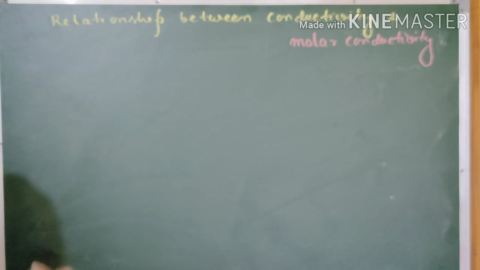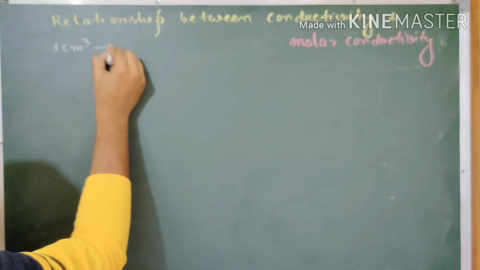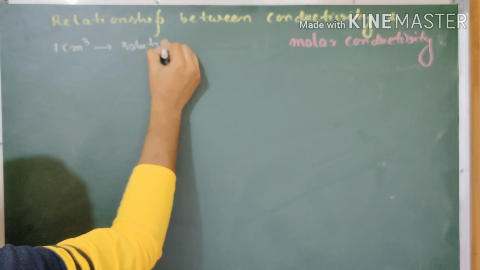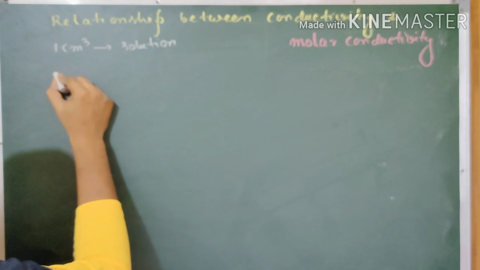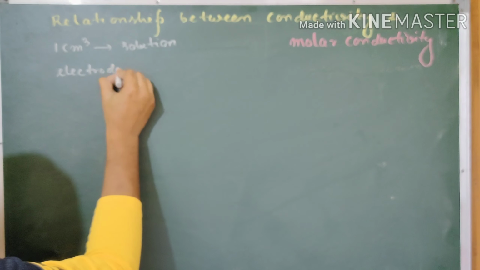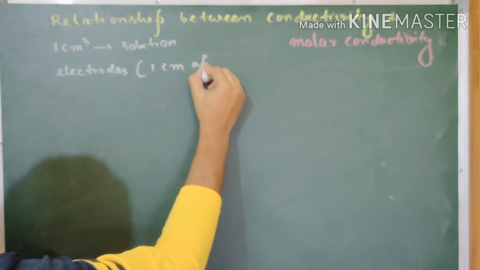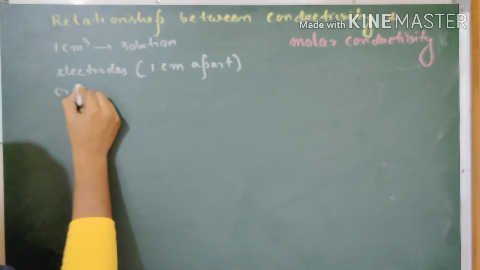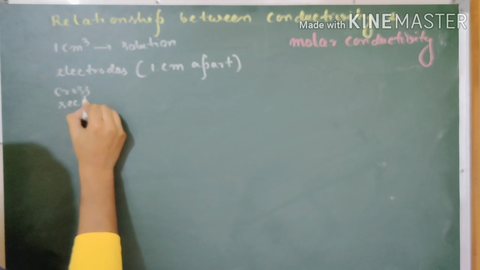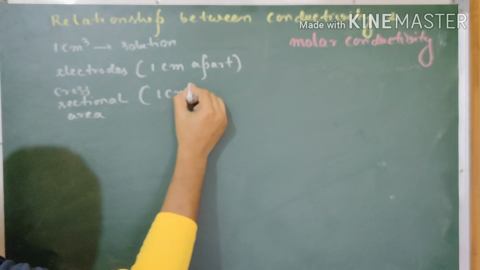Suppose we take, carefully listen, 1 centimeter cube of solution and it is dipped into electrodes. The solution is kept between electrodes which are 1 centimeter apart, and the cross-sectional area is 1 centimeter square.